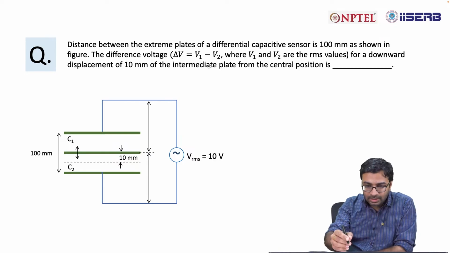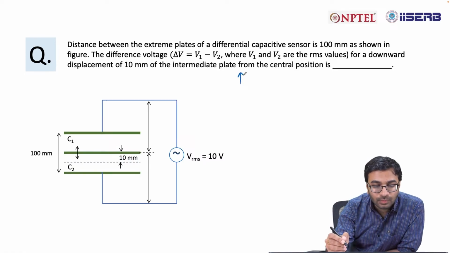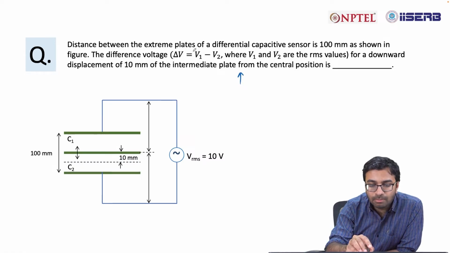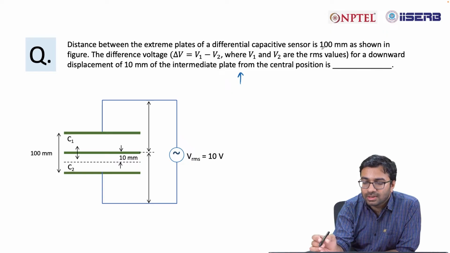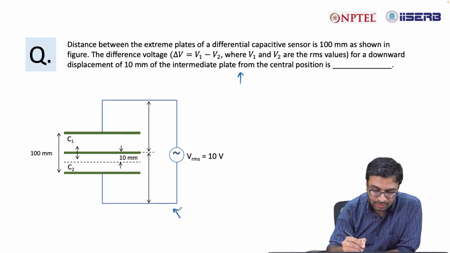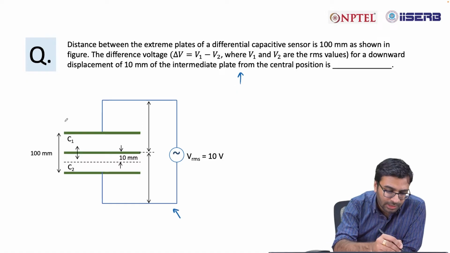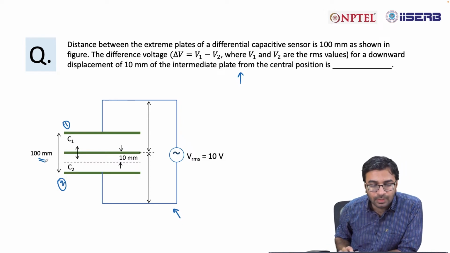So the question here is, the distance between the extreme plates of a differential capacitive sensor is 100 mm as shown in the figure. That is plate 1 and plate 2, the distance between these two plates is 100 millimeter.